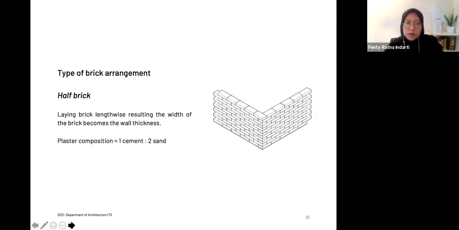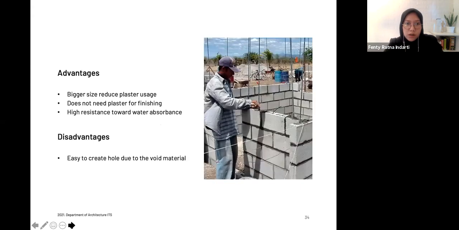While for this type of concrete brick, because it is made in a factory, the surface is quite flat, and if you put it very neatly, it will become flat directly. So you don't have to put a lot of plaster on it to create a flat surface for your walls. And it also has a high resistance toward water absorbance.